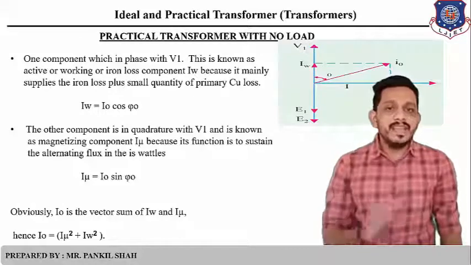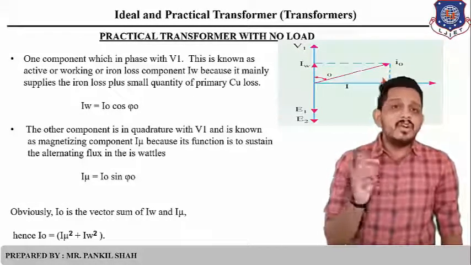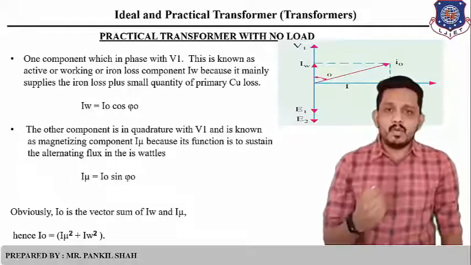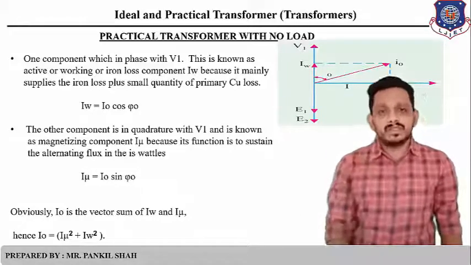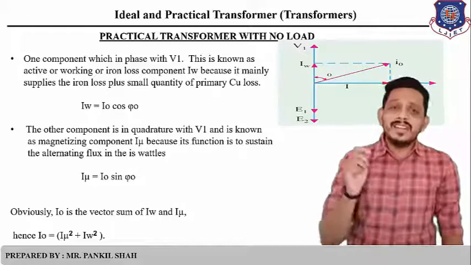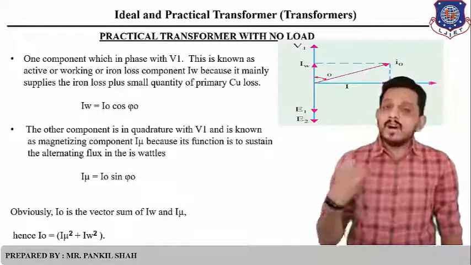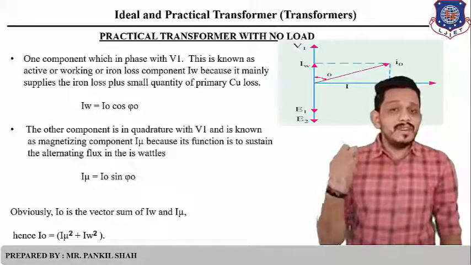Now in the case of the practical transformer, our no load current is drawn on the same line here. But now our no load current has to fulfill both roles. It has to produce the magnetic flux in the core, as well as nullify the losses in the core, because now our core has some resistance and some iron losses.